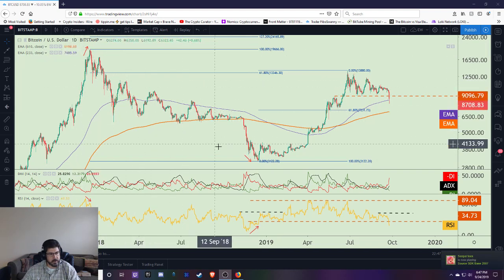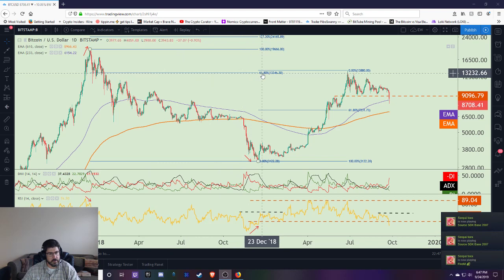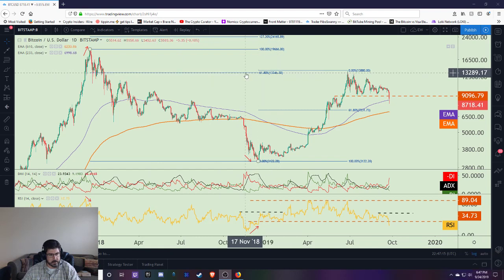If you look at the high and low there, and you look at the 61.8% level, it is 13,346 here. And if you look at the move back reversing from that, you can see the market going from 3,122 all the way up to pretty close to that 61.8% level.